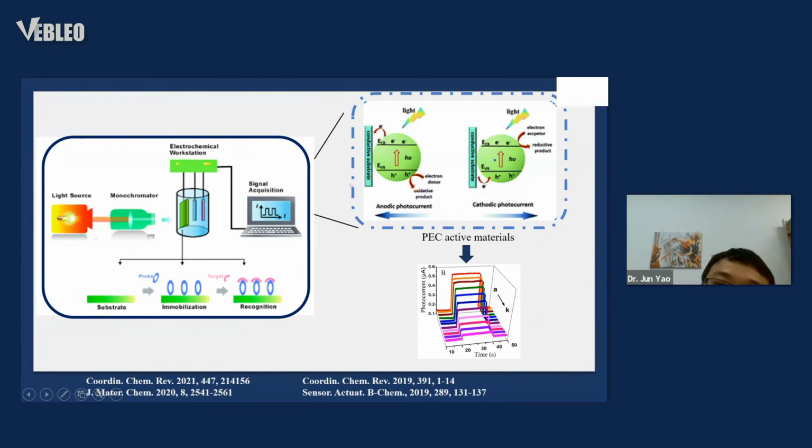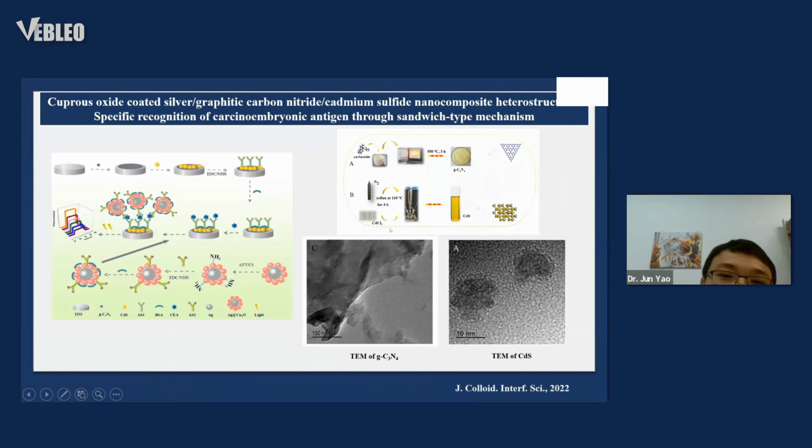Are there more tactics to improve 3S extremely? We combine the photon and EC into one system.